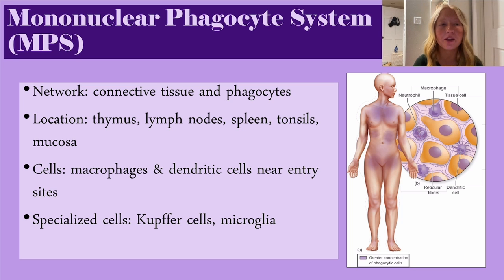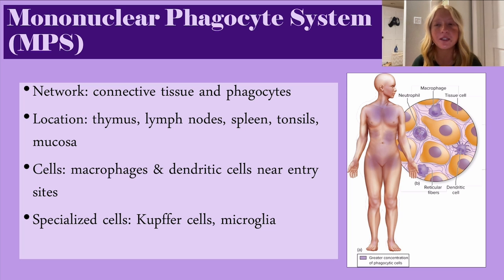So now I'm going to talk about the mononuclear phagocyte system, or MPS. This is a framework connecting immune cells across tissues and organs. It is made up of connective tissue that houses phagocytes, basically macrophages and dendritic cells, and they're located in different organs like the spleen, lymph nodes, thymus, or mucosal tissues like the gut or the lungs.